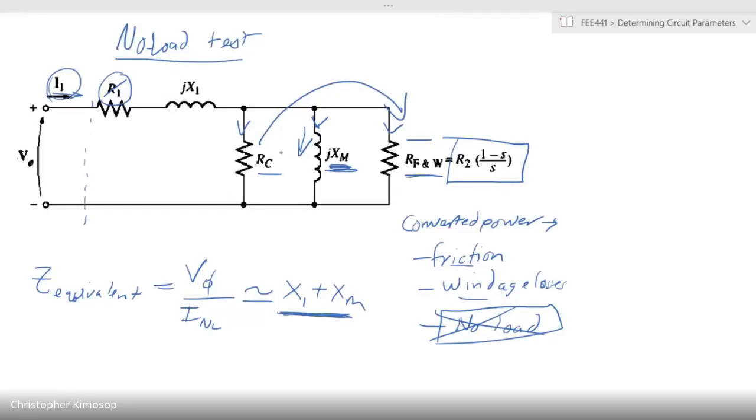And we have removed these ones because they are comparatively less, or they take up less of the current when you have no load applied to the motor. Your primary path will be through there, right?